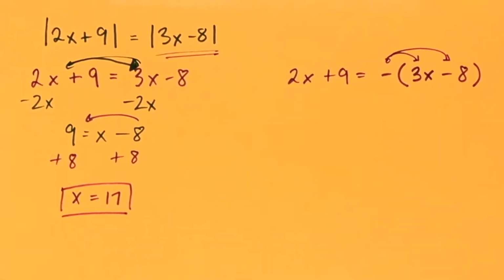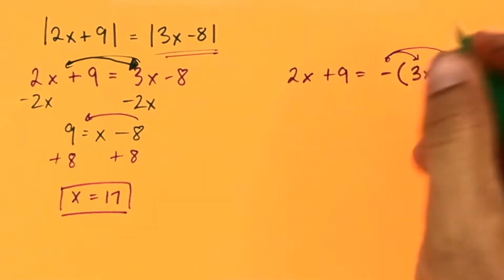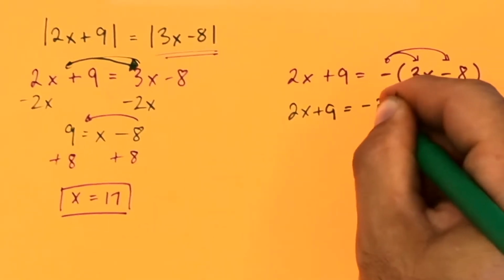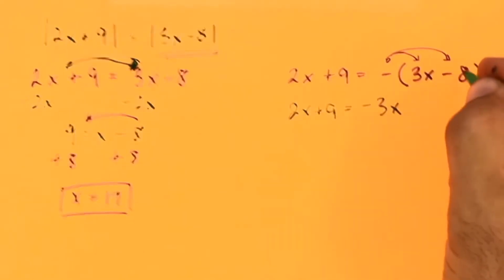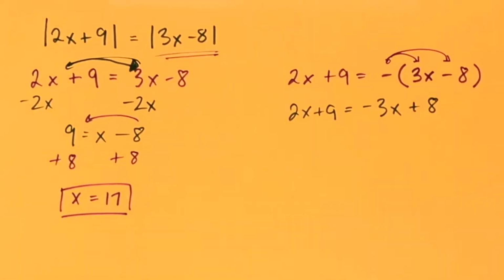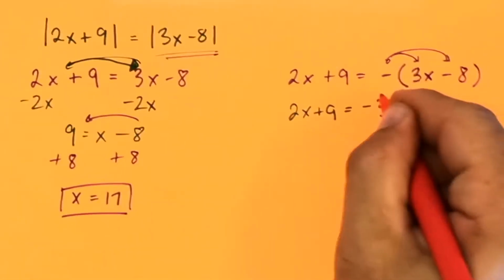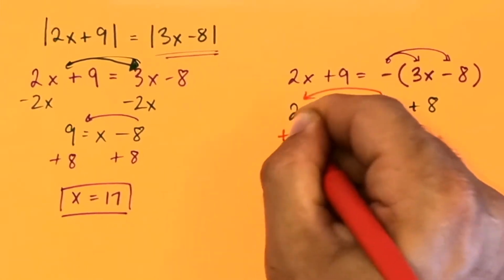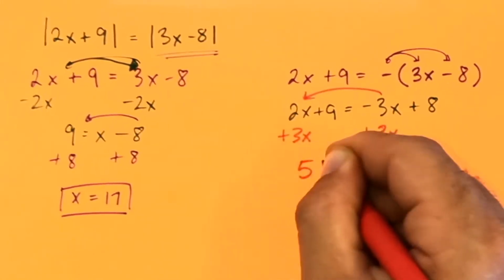That's our one answer. And then on this side, I have to distribute my negative sign to the negative 3x and the plus 8, so negative times a negative 3x, and negative 8. In this case, I want to keep my x positive, so I'm going to bring my letters to the left because I know I'm going to end up adding 3x to both sides and ending up with 5x.